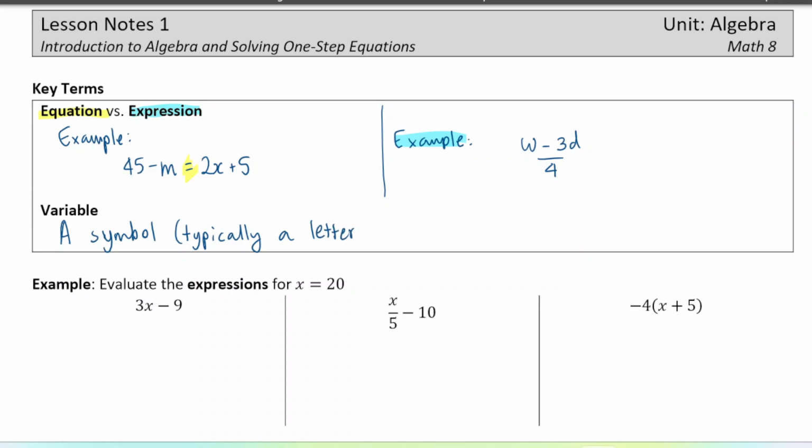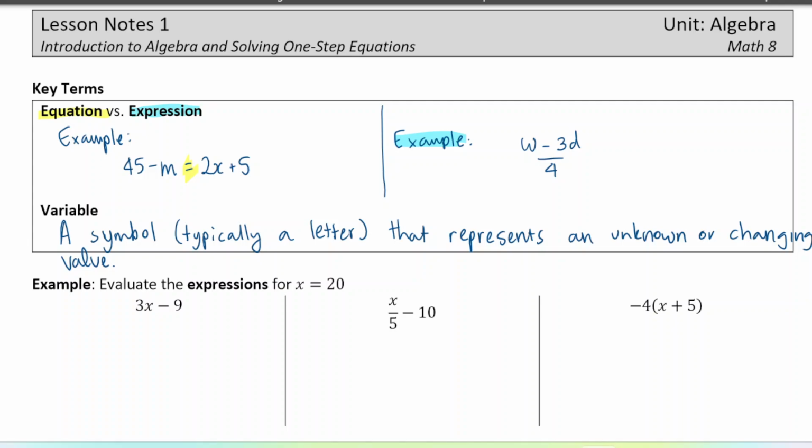Sometimes a Greek letter that represents a value that is not known or a value that can change. An unknown value or a changing value. So a symbol, typically a letter that represents an unknown or changing value.